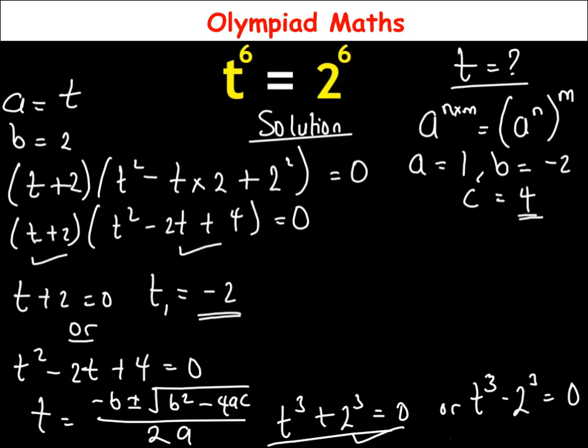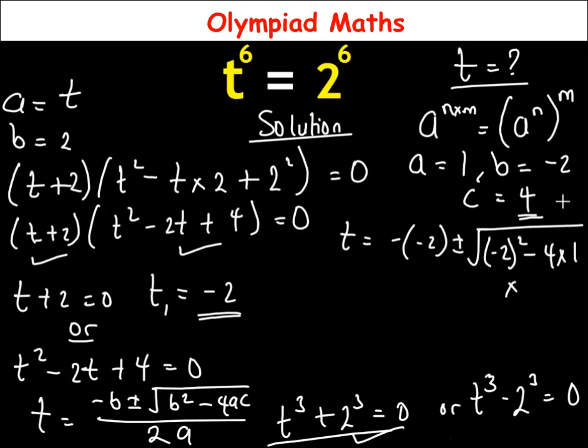So from here, t is equal to minus b, which is minus 2, plus or minus the square root of b squared, minus 2 all squared, minus 4 times a, which is 1, times c, which is 4, all over 2 times a, which is 2 times 1.